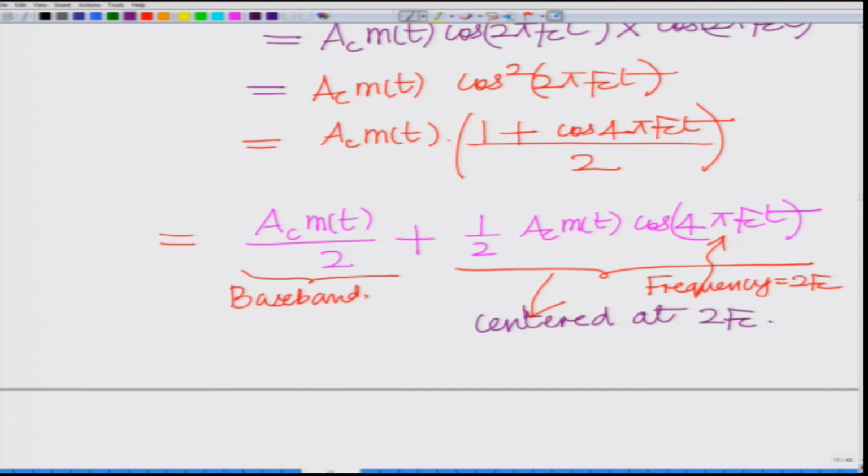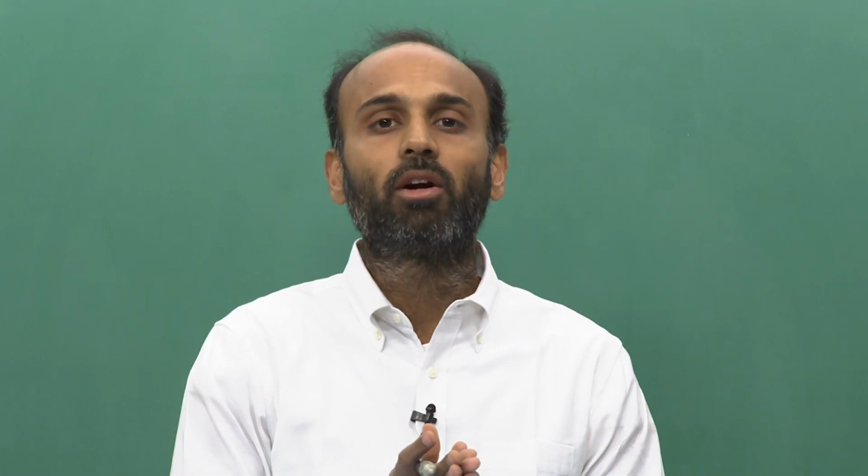So, we have two components. One is A c m t divided by 2, which is m t scaled by A c by 2, so naturally it is in the base band, from minus f m to plus f m, correct.